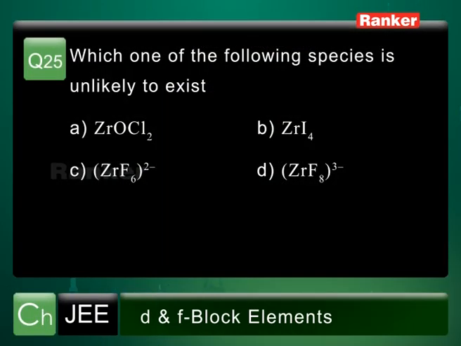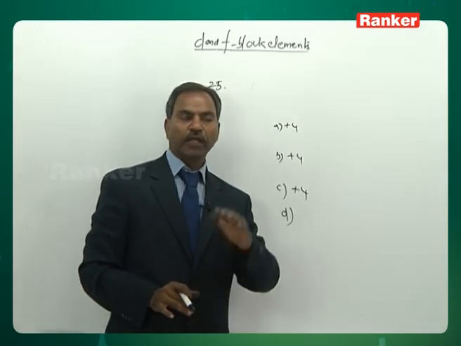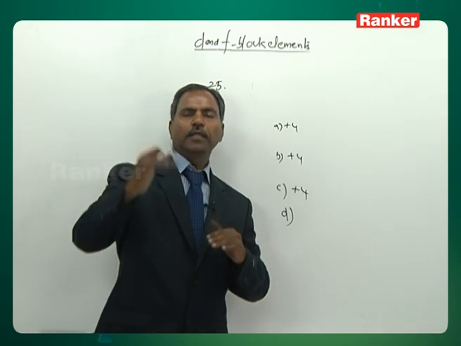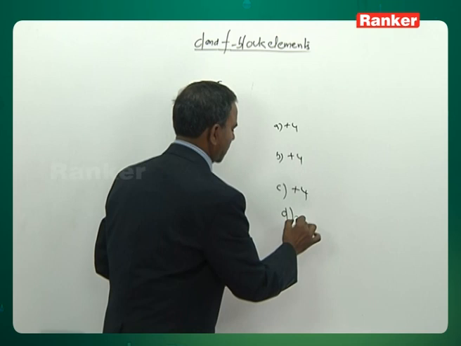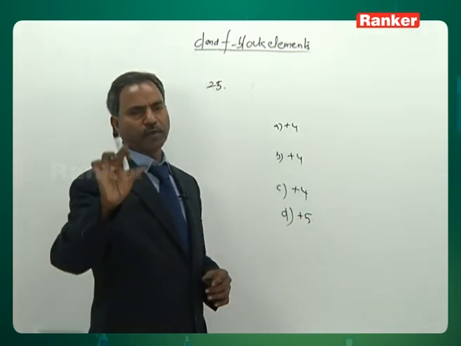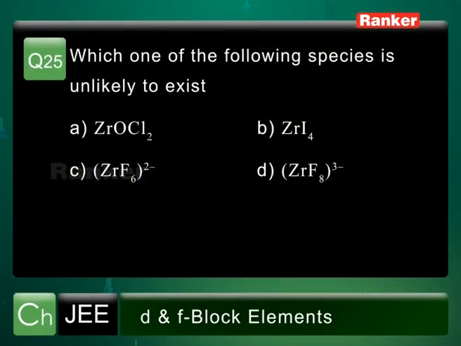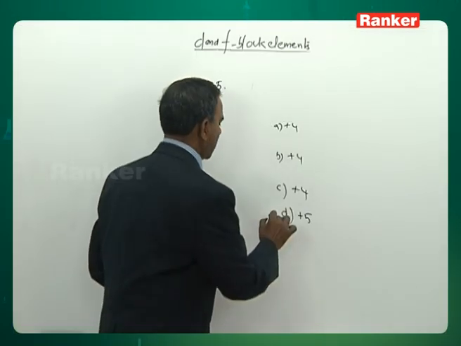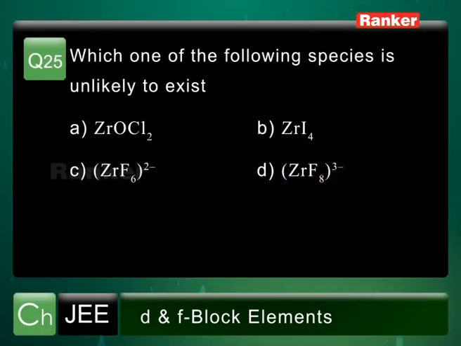Option D, ZrF8 3-: inside the bracket 8 fluorides, outside the bracket -3. By this, zirconium is +5. The maximum oxidation number possible for zirconium is only +4, but option D comes to +5. So this is unlikely to exist. So D is the answer.